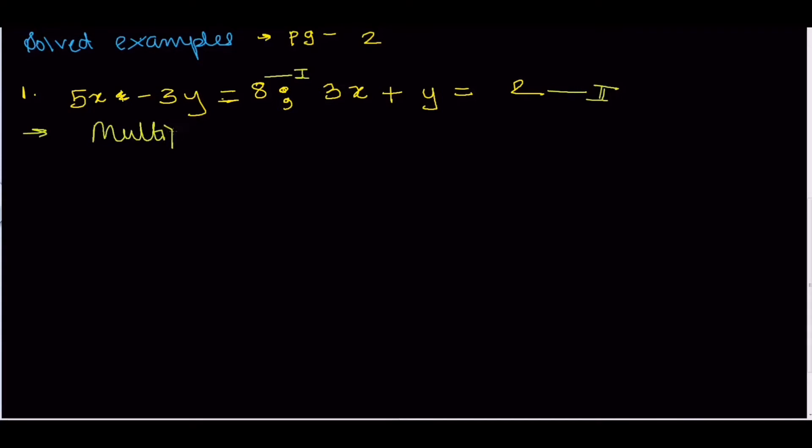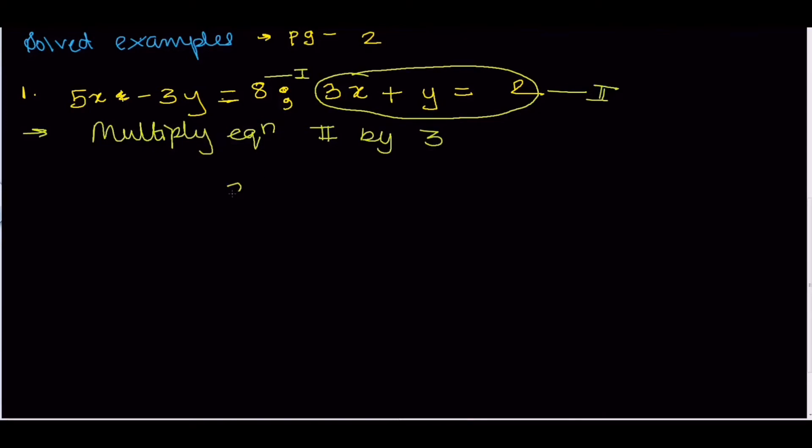Now we are going to multiply the second equation by 3. Why 3? Because in the first equation you see minus 3y, and when we multiply equation 2 by 3, it will become plus 3y, and then minus 3y plus 3y will cancel. So we will eliminate y. As we are using the elimination method, we will eliminate y.